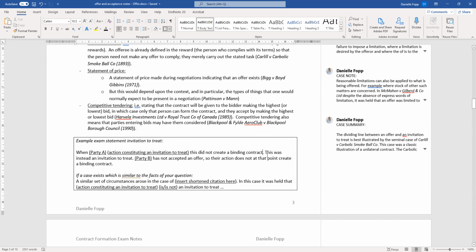This was instead an invitation to treat. Party B has not accepted an offer, so their action does not at that point create a binding contract. Done. Or you might say party B has not responded to the invitation to treat with an offer, and therefore party A has not had the ability to accept it, or something like that.